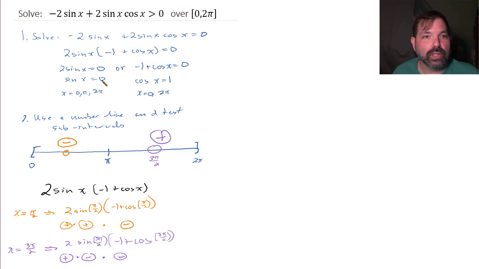Now, I go back to what I originally wanted to solve. I wanted to know where negative 2 sine x plus 2 sine x cosine x was greater than 0, so positive. There's the solution, that interval. So I'll write the solution in interval notation.